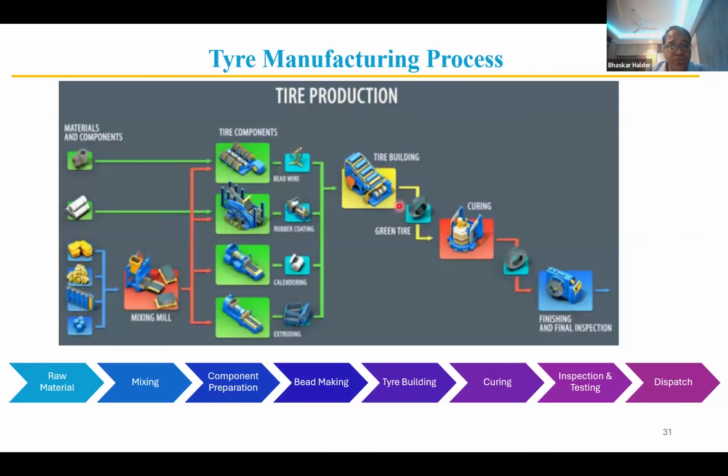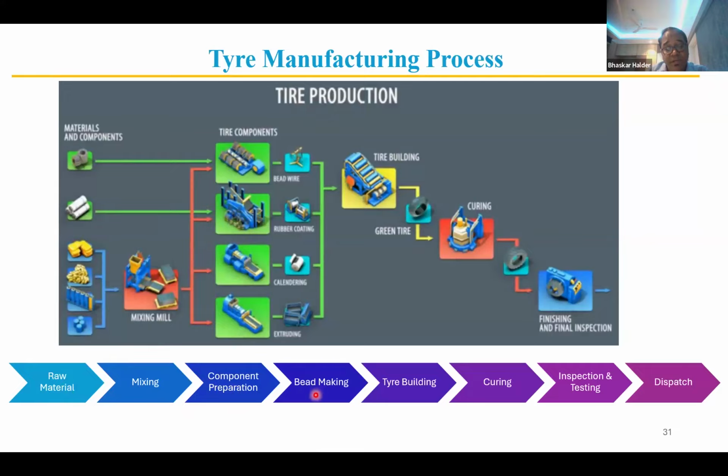If I quickly go to the tire manufacturing process, which is followed in every company, there is first the raw material selection, where we finalize the raw materials we are making the tires from. Then the raw material goes for mixing. After mixing, we go for component preparation.